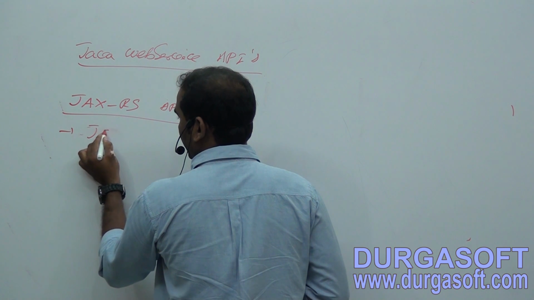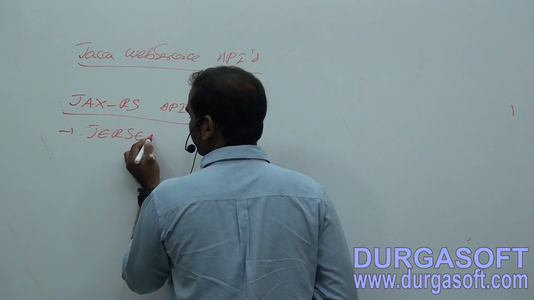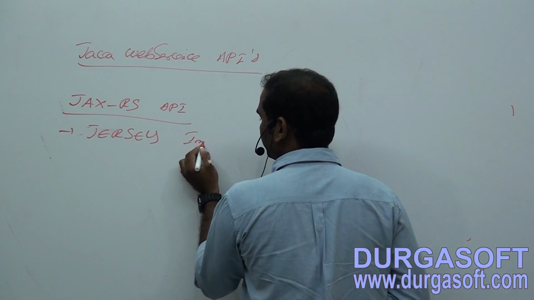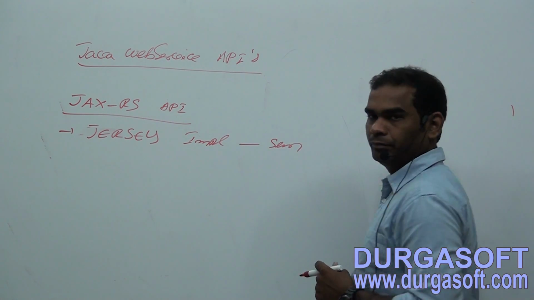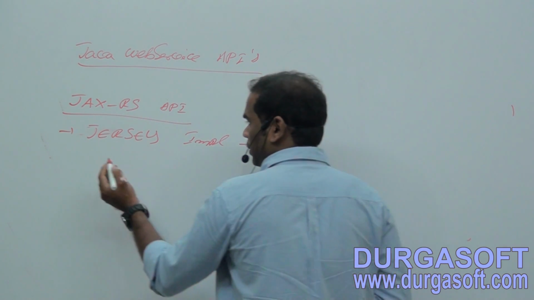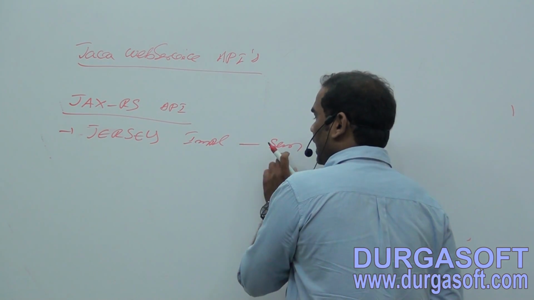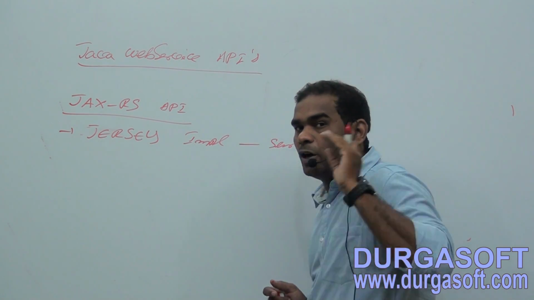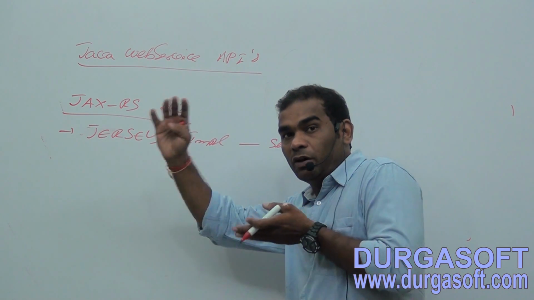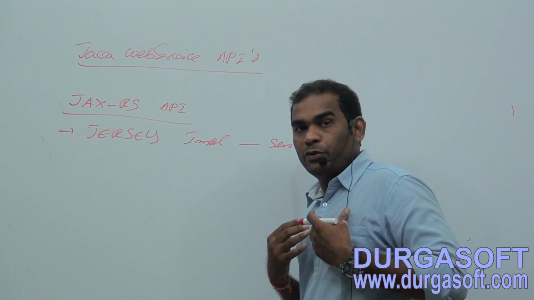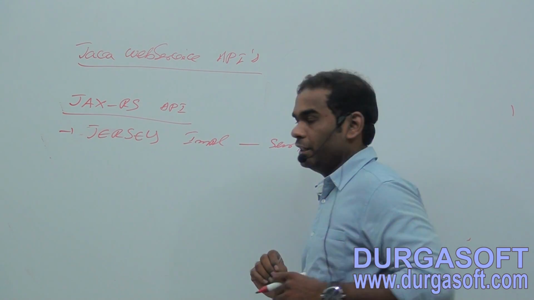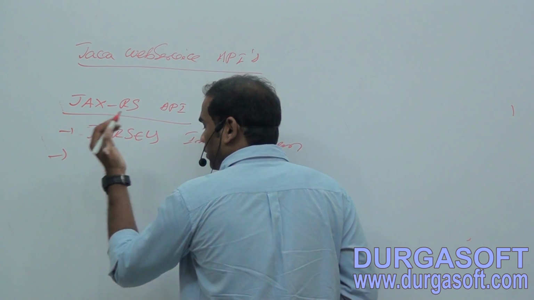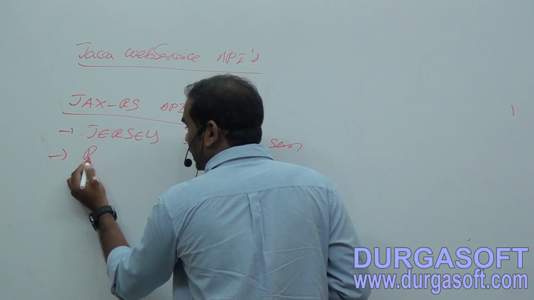First one is the Jersey implementation, given by Sun Microsystems. It's not part of the JDK. We need to download this implementation separately if we are creating a web service or web service client using the Jersey implementation.